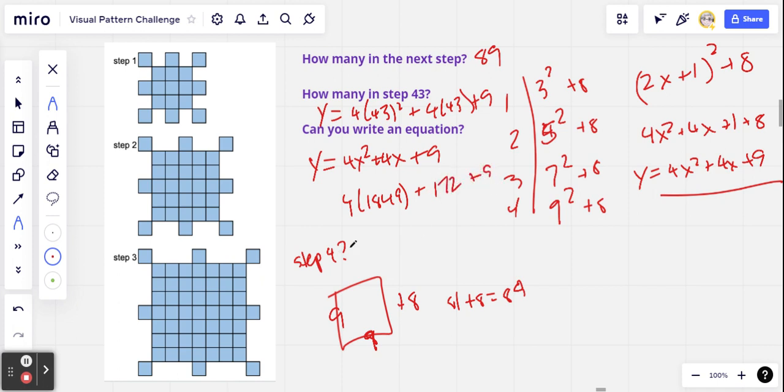And plus 9. And let's see, 4 times 1849, that's 7396. Plus the 172 plus the 9. I'm getting 7577. Double check that, but that's how many squares I think we're getting in step 43.